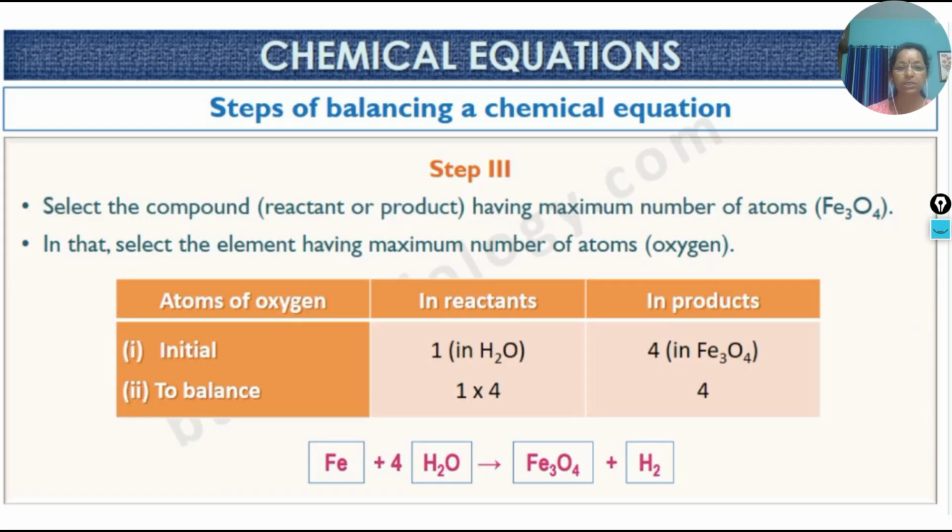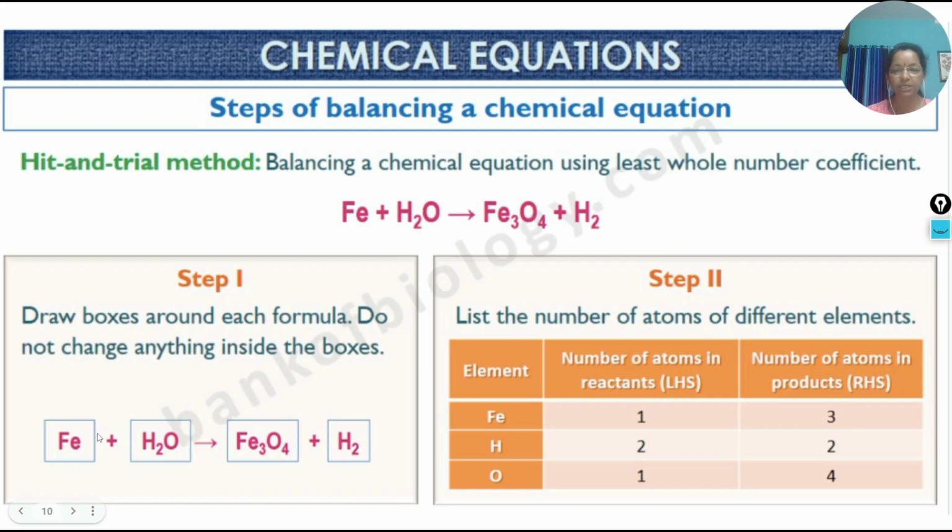Now the third step. Here we have 4 groups, and if you look at the chemical formulas of the compounds, this compound has the maximum number of atoms, and in that oxygen has the highest number.